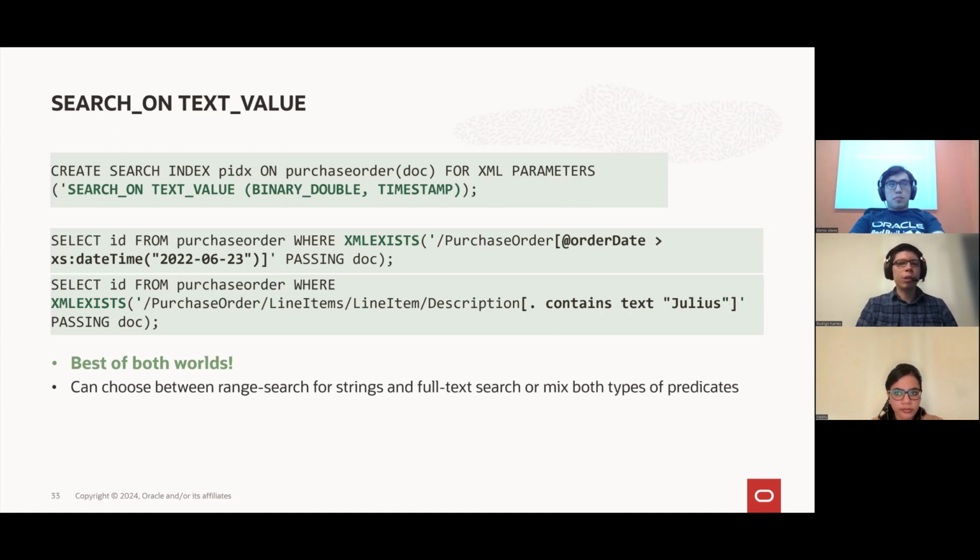And both of these queries are very simple, but you can use additional predicates, so you're not limited to a single predicate. This order date predicate here on the top could also be part of the second query.